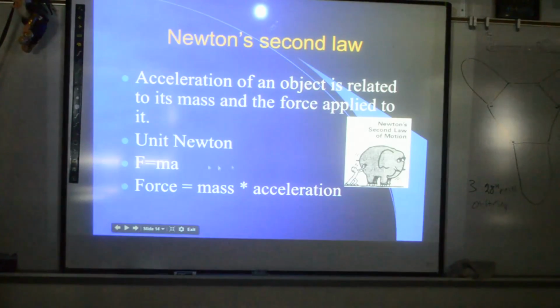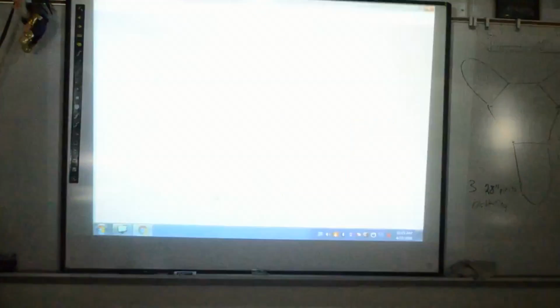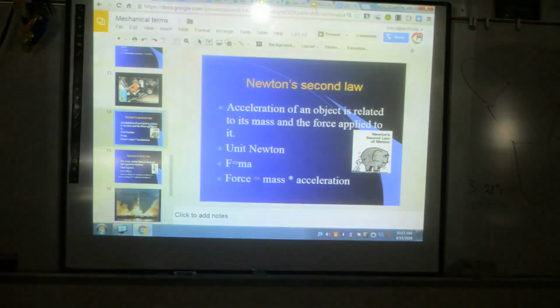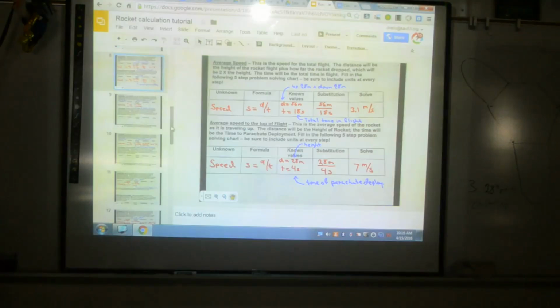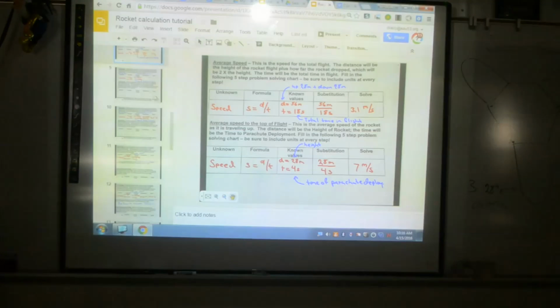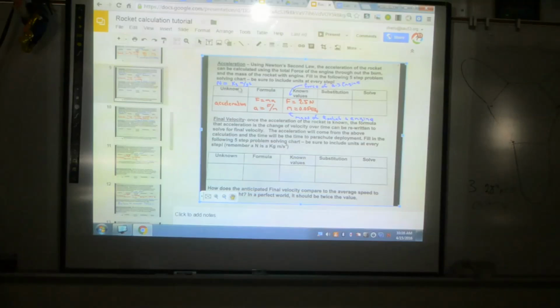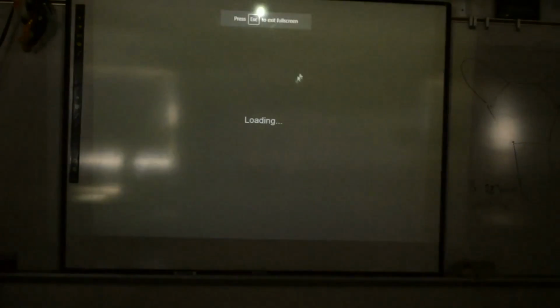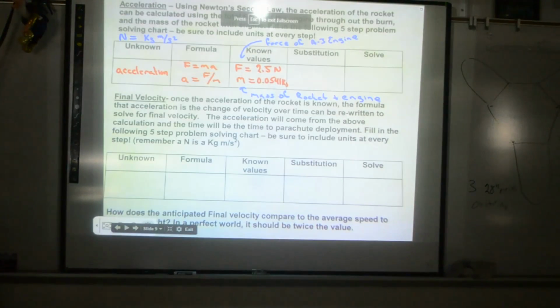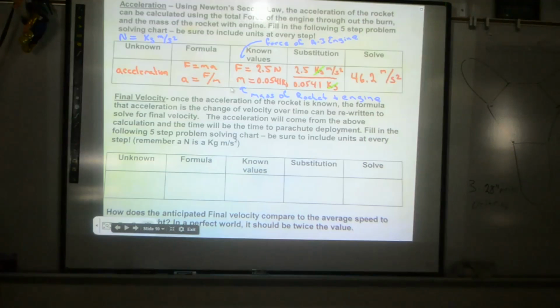We used the second law when we were doing our calculations for acceleration. Right here, if you remember, we used it, and that clearly shows how the rocket used Newton's second law.